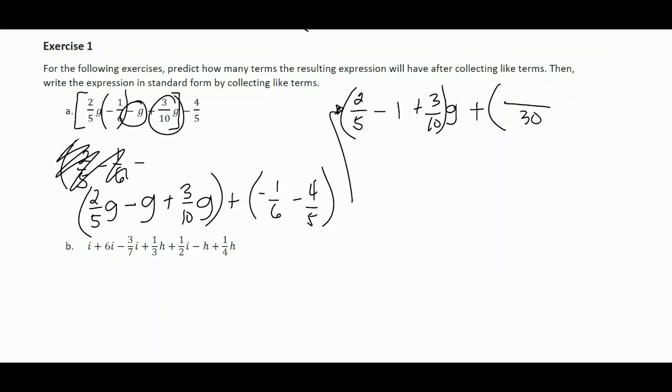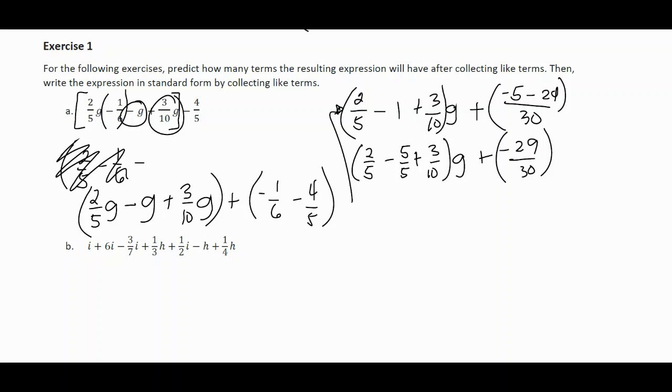This will be 30. 1 times 5 is -5 minus 6 times 4 is 24. Now let us change 1 into a fraction, 5/5. It's going to be 2/5 minus 5/5 plus 3/10 times g plus -29/30. We can just continue doing this. We're going to have -3/5 plus 3/10 g plus -29/30.